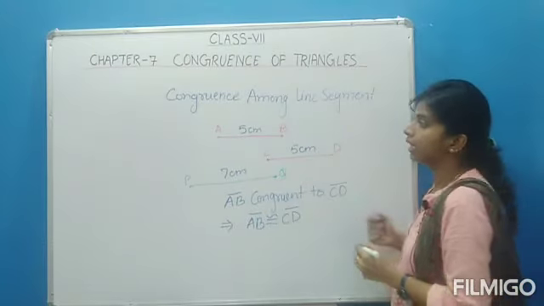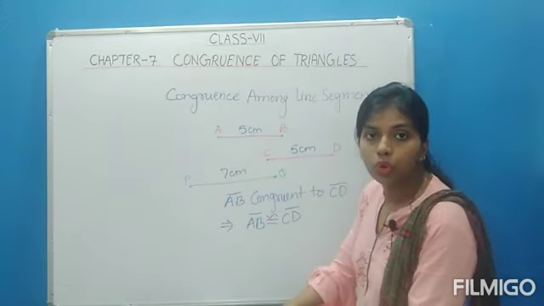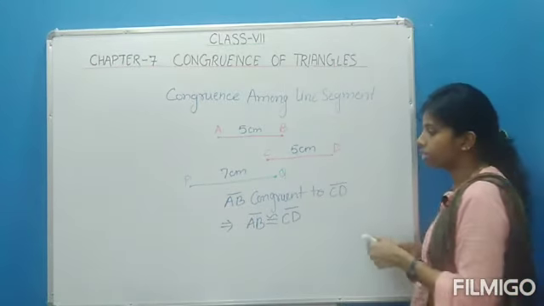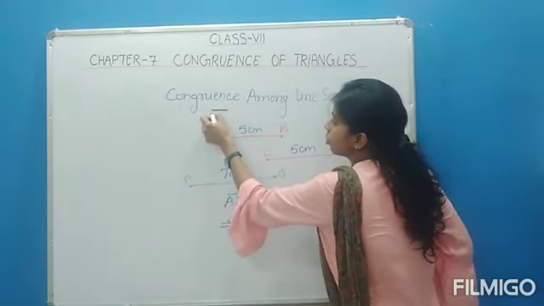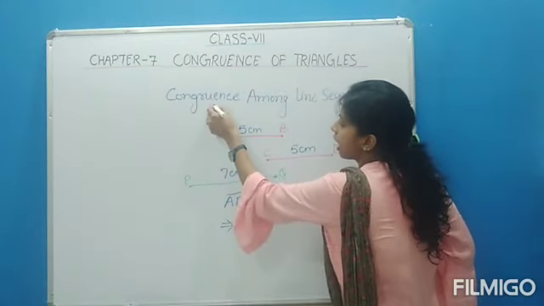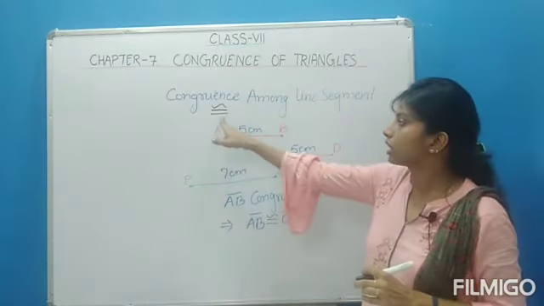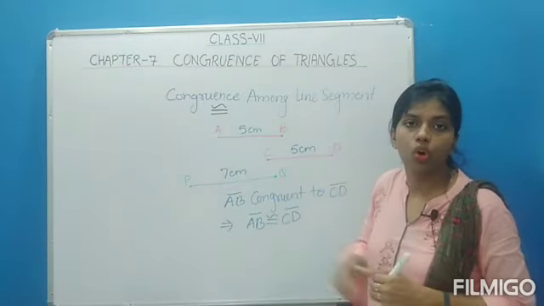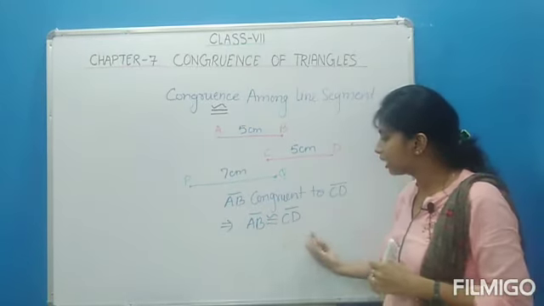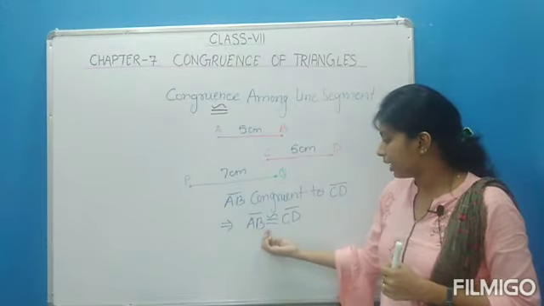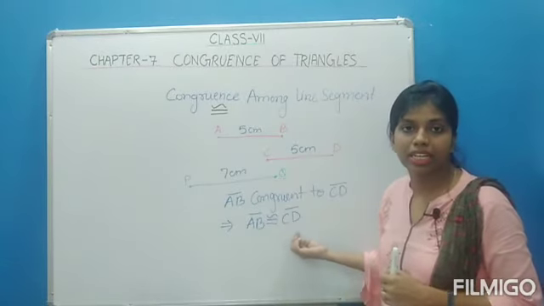The symbol is an equal sign with an arrow-like curve on top. This is the symbol to represent congruent. So we read this as: line segment AB is congruent to line segment CD.